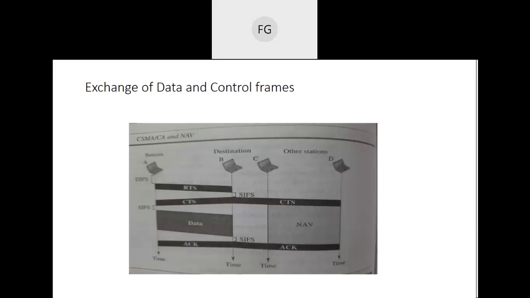Here it shows that the RTS message from B reaches A but not C. However, because both B and C are within the range of A, this CTS message, which contains the duration of data transmission from B to A, will reach the station C. So the station C will know that some hidden station is using that channel, and therefore it will refrain from transmitting until that duration is over.